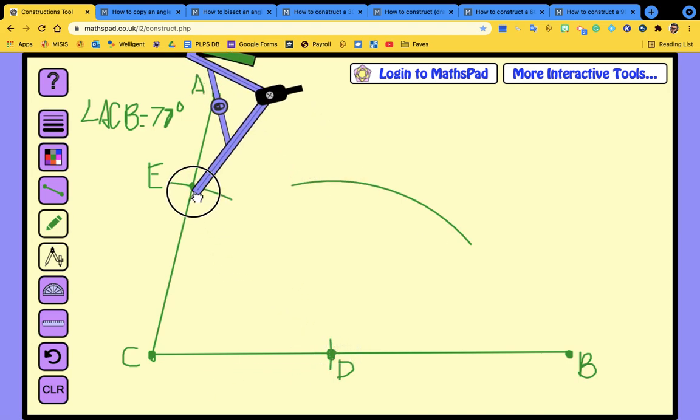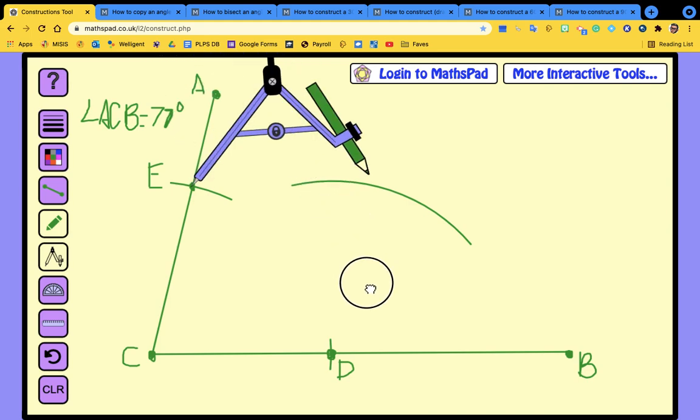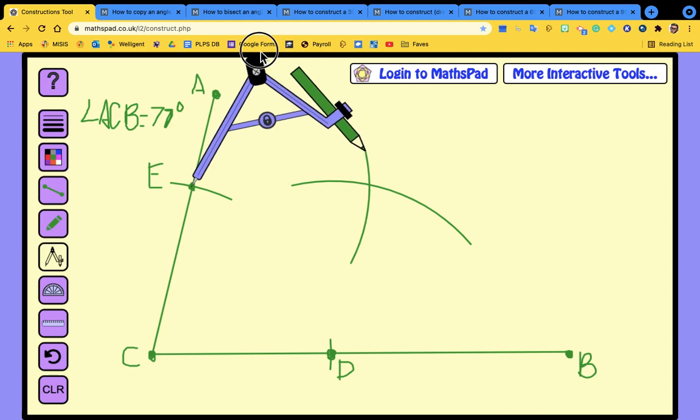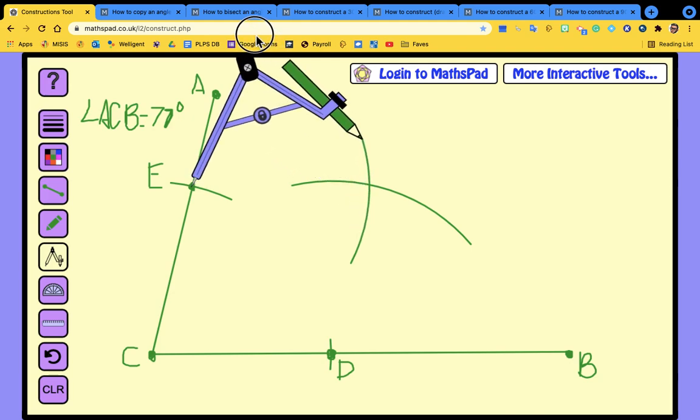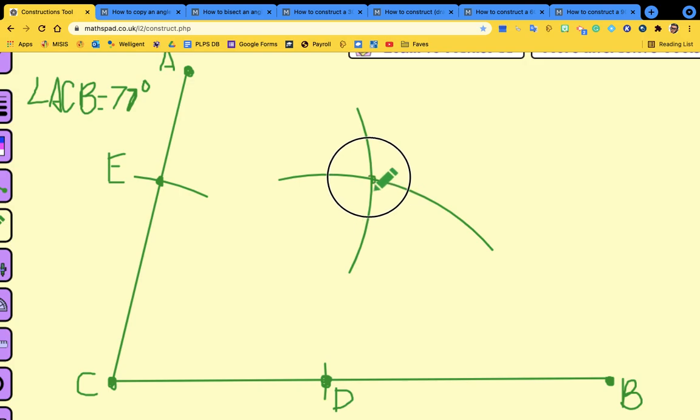Then I'm going to move my compass to E, and I'm going to make another arc, just like this. Look at that. And I'm going to call this point F, right? Call this F right here.